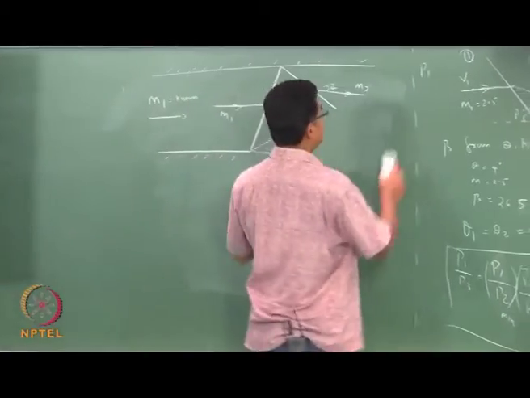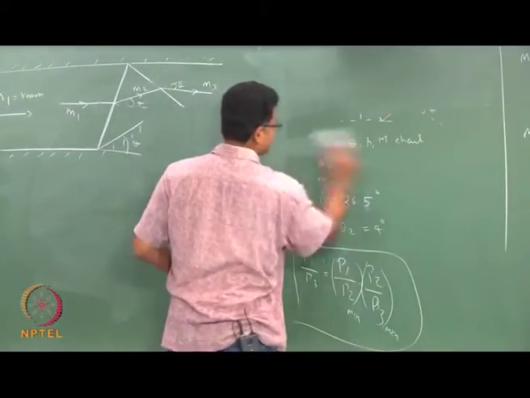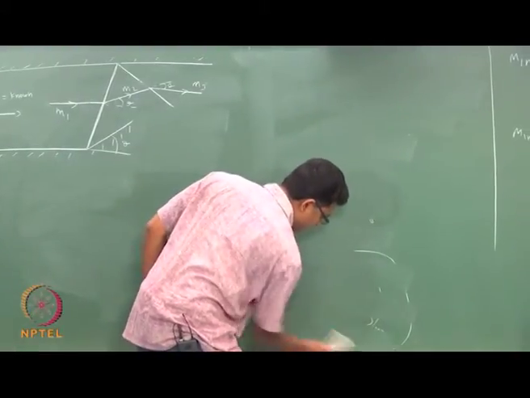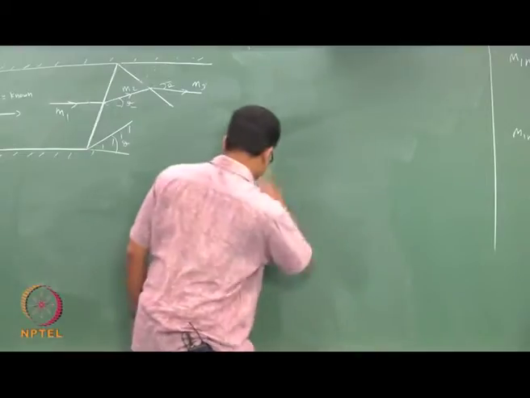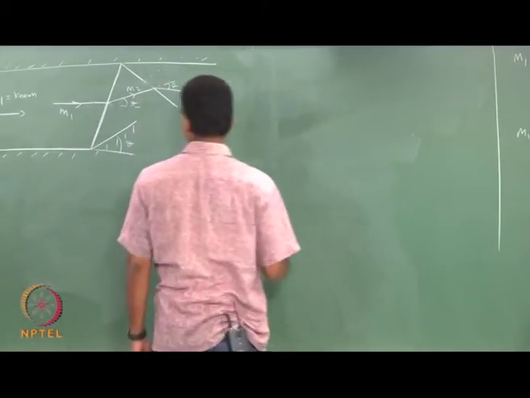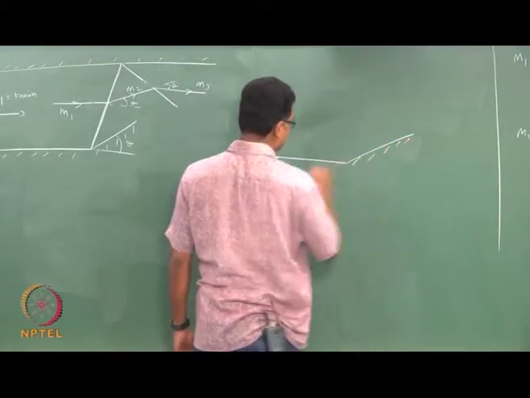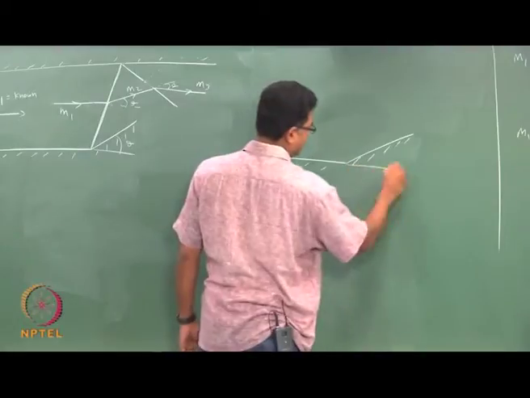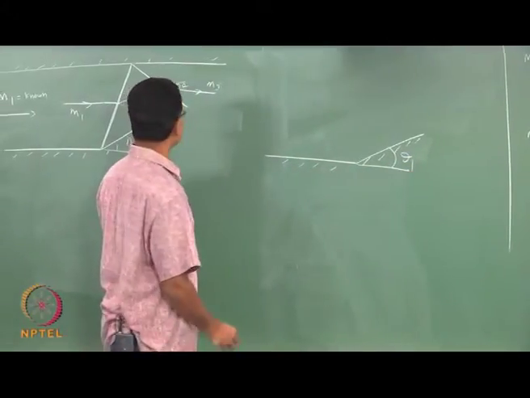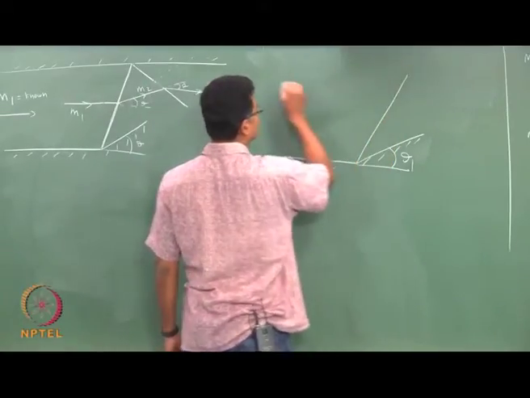Now, if the top surface is also at some angle, I will not evaluate these problems, I am just demonstrating that it can be done with the same kind of analysis. So, I have a surface at, say, let us put it as theta 1. So, it generates an oblique shock.